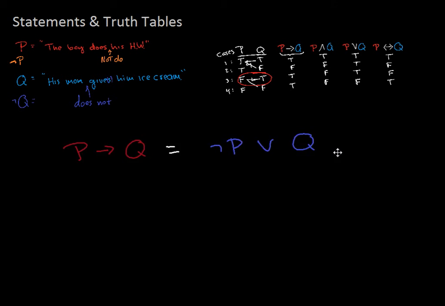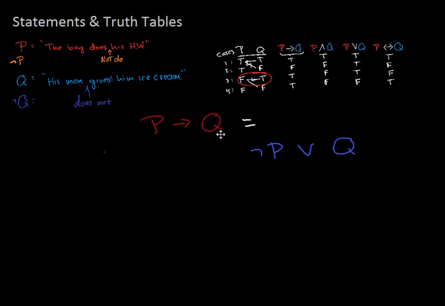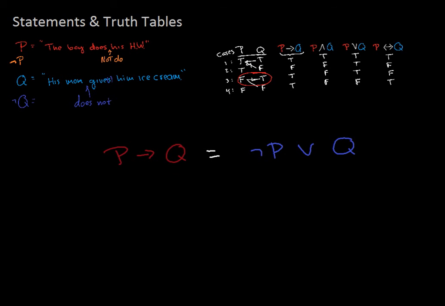I think we actually did this one in the earlier part of the video. So we see we have P implies Q right here. That's to say that this truth table evaluation will come out to be the same as this, so we don't even have to do this one. But we can go ahead and just write it out like we would.